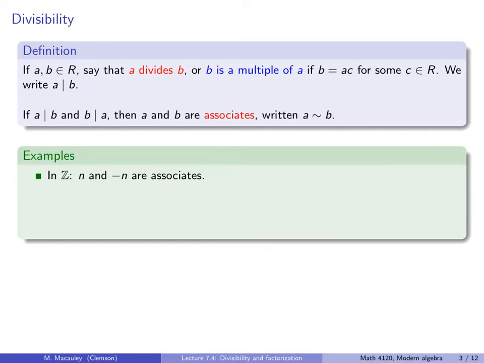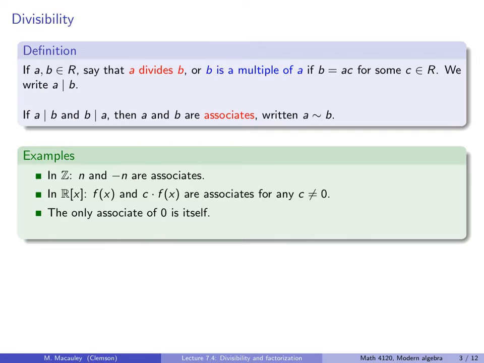Let's do some examples. In the integers, n and negative n are associates. In the ring of real-valued polynomials, R bracket x, f of x and c times f of x are associates as long as c is non-zero. That's because c has a multiplicative inverse in this ring, which is just 1 over c.